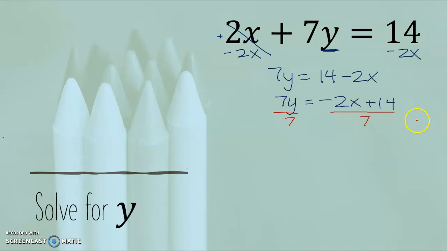Not just one piece, but all of them. And so we did this because 7y divided by 7 is leaving us with just y. And now we want to take a look at each individual term and see what happens. So here we have to look at the negative 2x divided by 7.